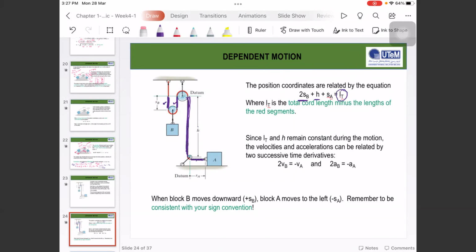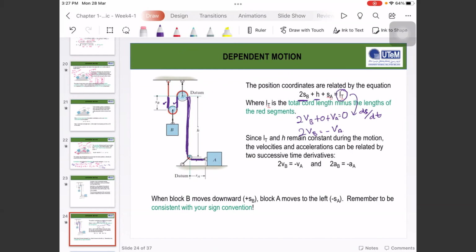And then we differentiate. DSGT is equals to, right? So you can dapat 2 VB is equals to VA. Okay.